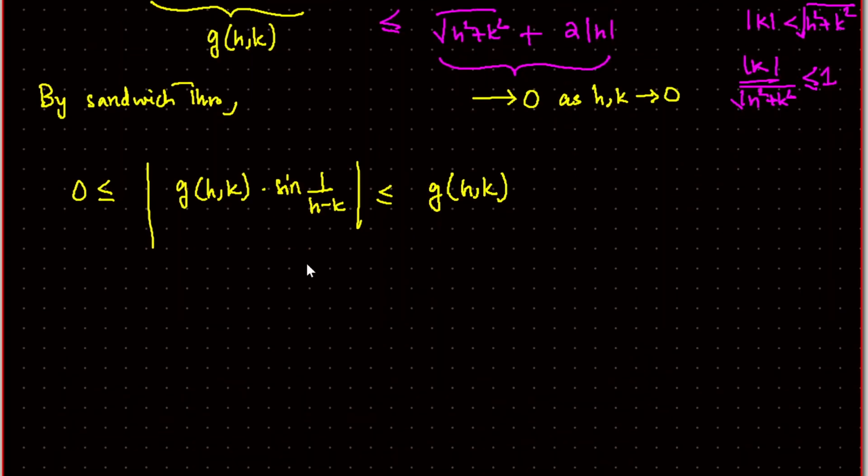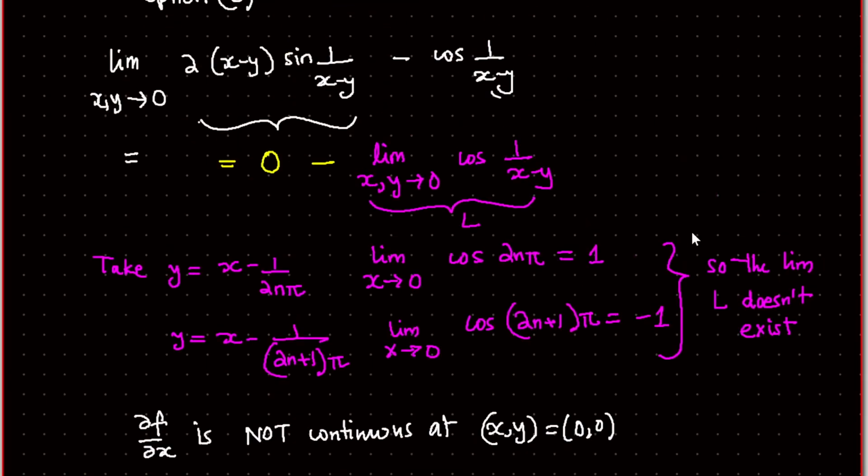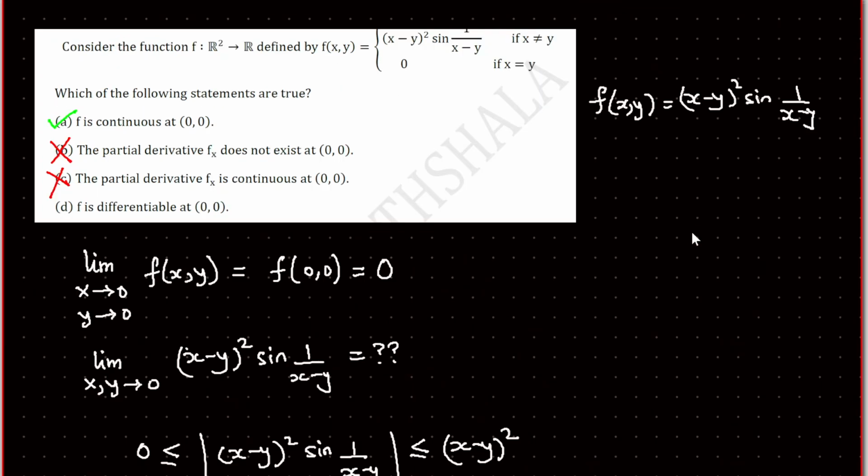Again by the sandwich theorem, the limit as h comma k goes to 0 of that entire term which I mentioned in the beginning is equal to 0. From there we can conclude that f is differentiable at 0 comma 0, right? So this option is actually true.